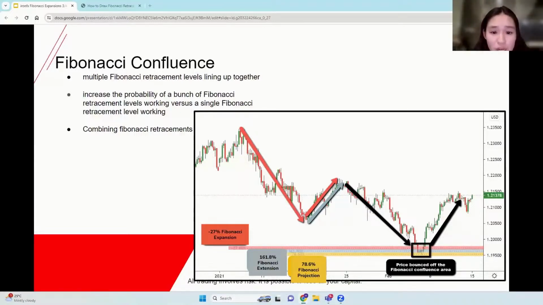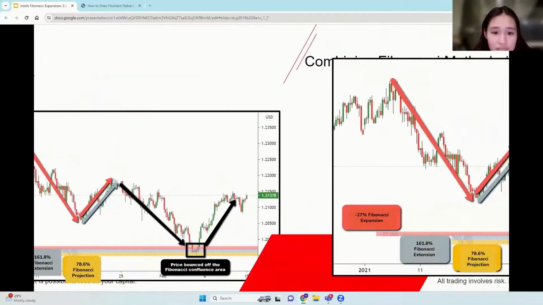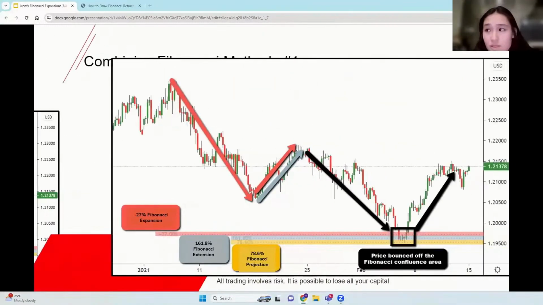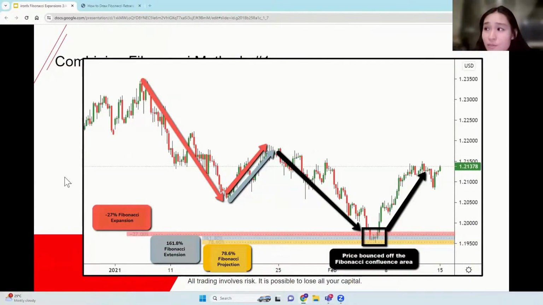Okay, let me zoom into the example. If you look at the red arrow, you can see a pretty obvious lightning bolt shape over here, right? So the red arrow is our minus 27.2% Fibonacci expansion that we talked about today. And then our Fibonacci extension, which we talked about last week. Basically for that, you're looking for a Nike tick.